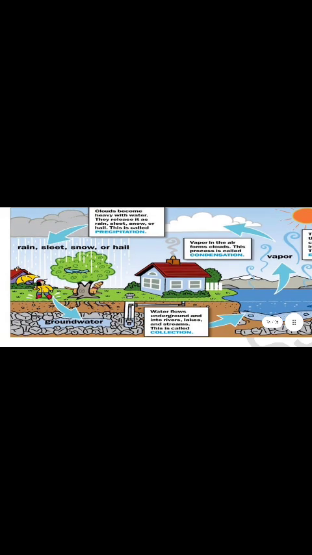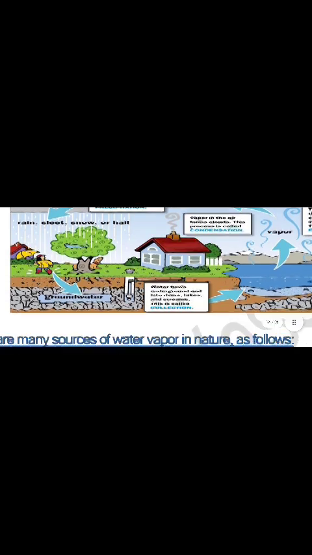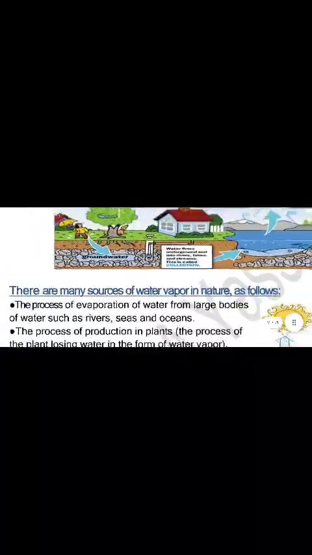When the water goes down through cliffs, mountains, and hills, this process is known as runoff. Some of the runoff forms groundwater, and the rest is collected again in the water bodies, which is known as collection.